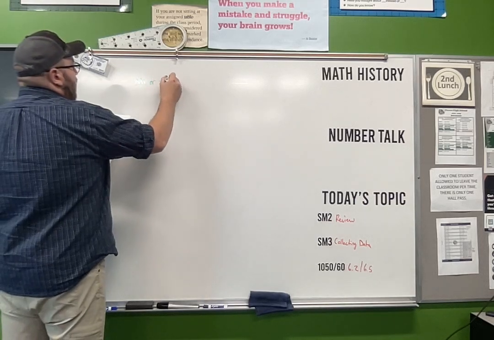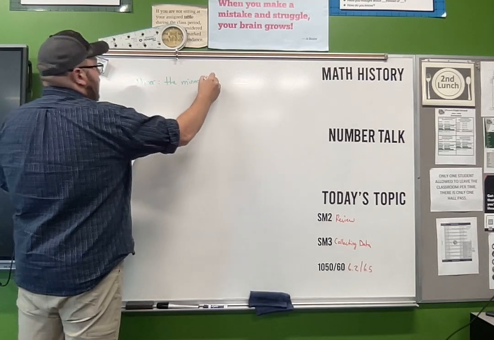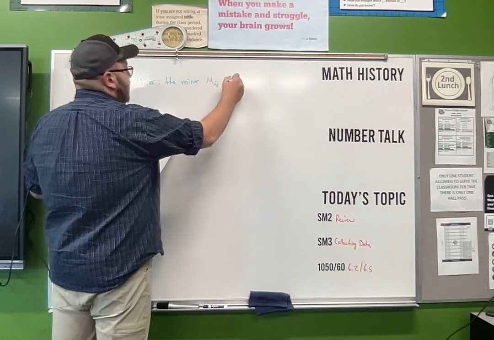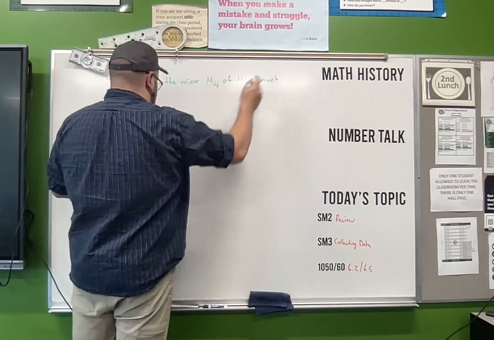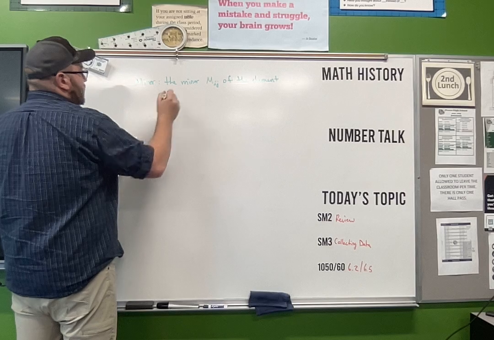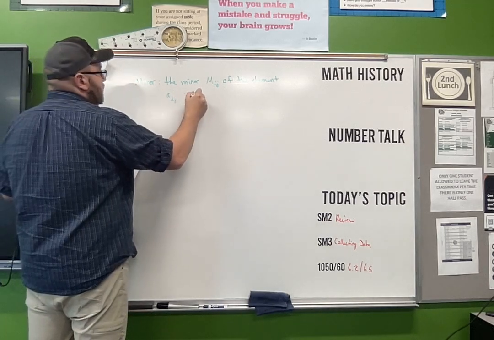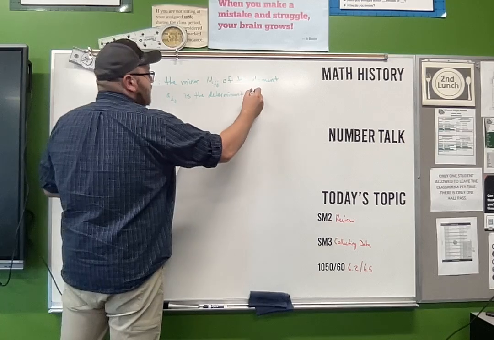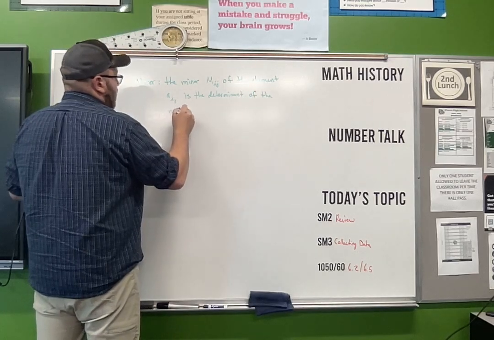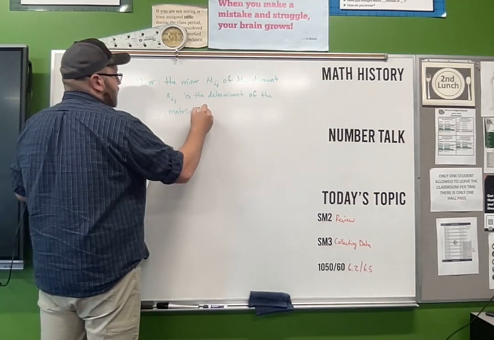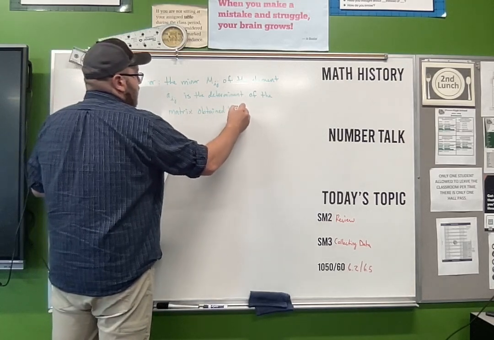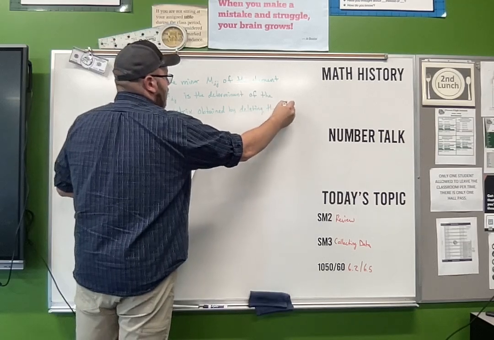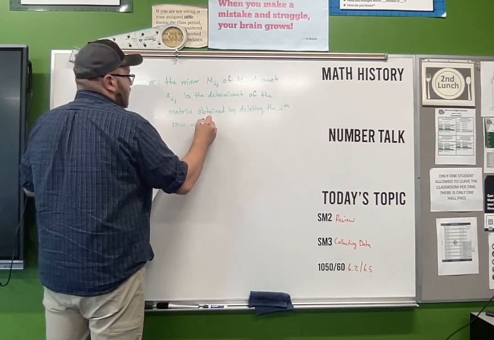So the minor M sub ij of the element a sub ij is the determinant of the matrix obtained by deleting the ith row and jth column.